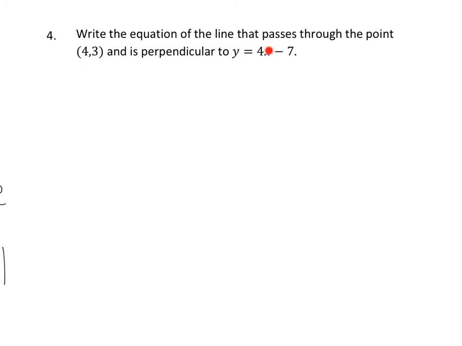It says write the equation of a line that passes through the point (4, 3) and is perpendicular. So this is like the other one, but again, you're given a point, and if this is the slope of one line, remember, the slope of our line is the negative reciprocal. Put it over 1, flip it, make it negative.